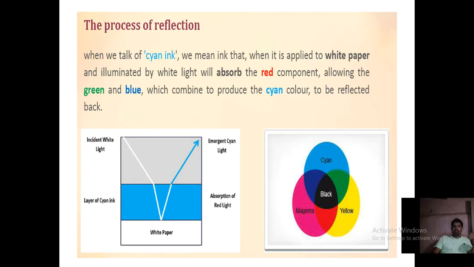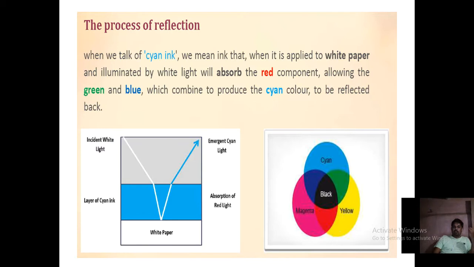White light falls on white paper, then there is a layer of cyan ink. That cyan ink layer will absorb red light. Once it absorbs red light from the white light, only green and blue are left.